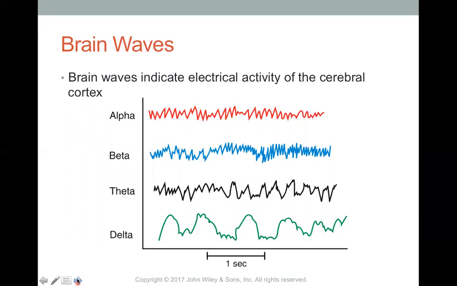We can then take these brain waves generated by the cerebral cortex and record them as an electroencephalogram or an EEG, not to be confused with your EKG or ECG. That's the recording of the electricity of your heart. Here it's the recording of the electricity in your brain.